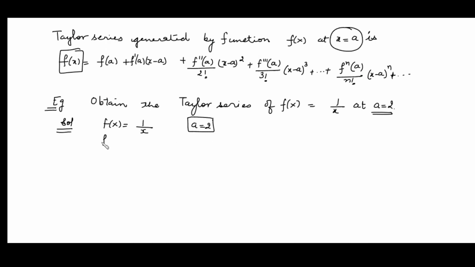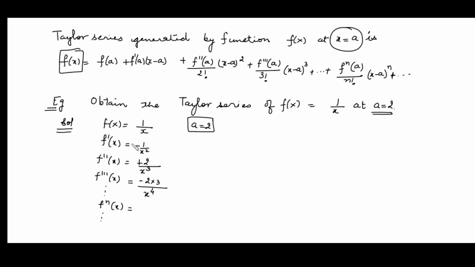Now find its higher order derivatives. Since this function is differentiable, we can find out the higher order derivatives, and so on. If you see, what will be its nth derivative?